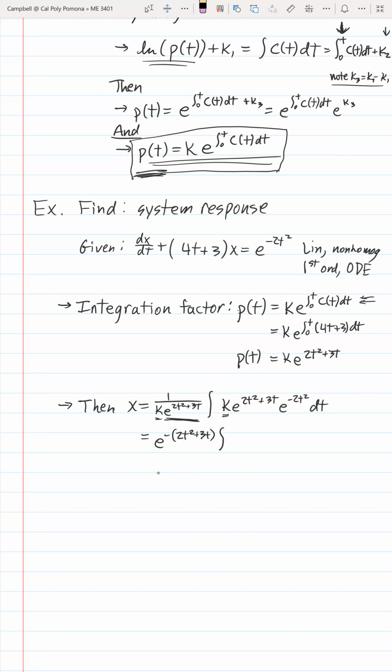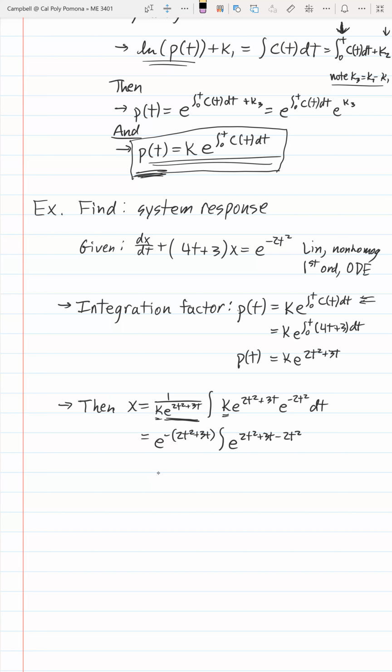And just like we were able to break apart the argument of the exponential function when they were added together into two exponential functions multiplied together, we can do just the opposite. If we have two exponential functions multiplied together, we can just add their arguments together. So then we get e to the 2t squared plus 3t minus 2t squared, right?